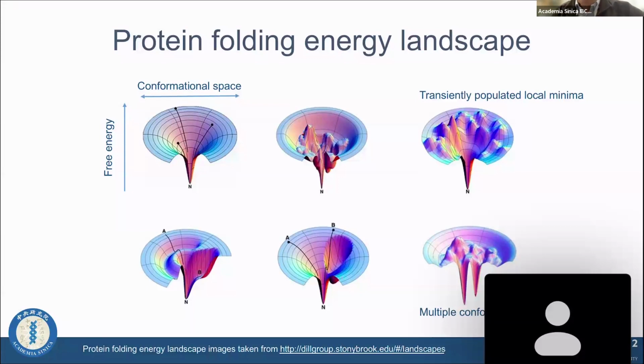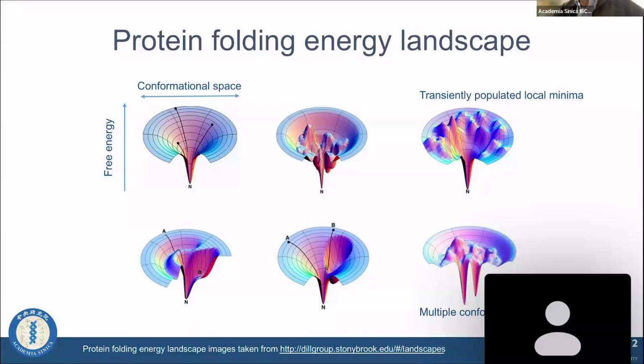On the upper left corner, that's the ideal scenario. This is a very smooth funnel. So it does not matter where you start, you will end up with the native conformation. But in real life, the protein folding free energy landscape is not very smooth. Sometimes they are rugged. There are a lot of local minima.